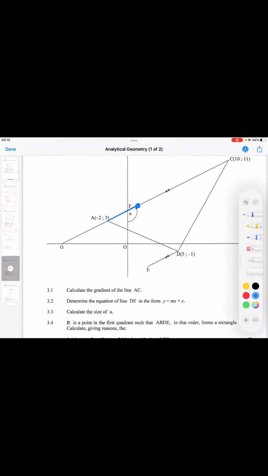Let me say from D, let me go there. No, again, it doesn't look right. Maybe let me do it this way. Let me do it that way. Almost. Okay. Maybe let's continue.